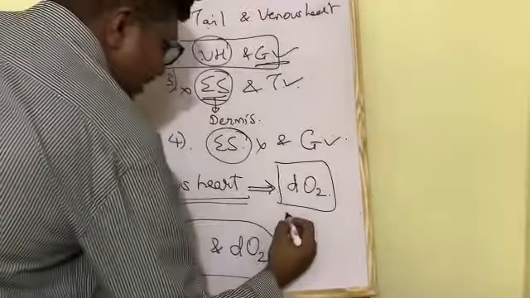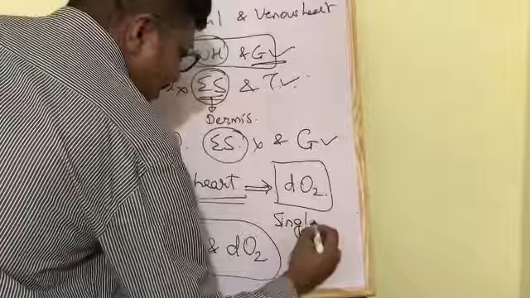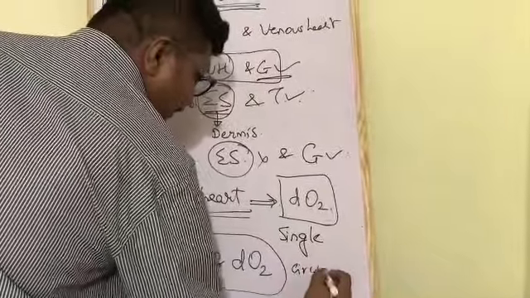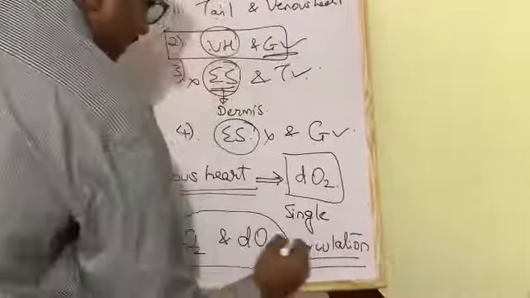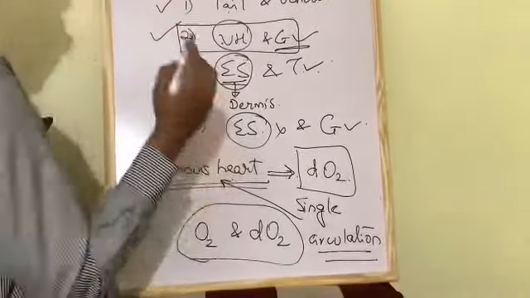Hence it is called as single circulation present in the fishes. And all the animals which contain single circulation in the body, they are going to possess a venous heart.